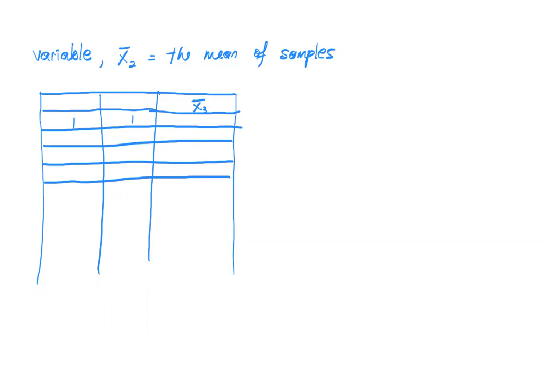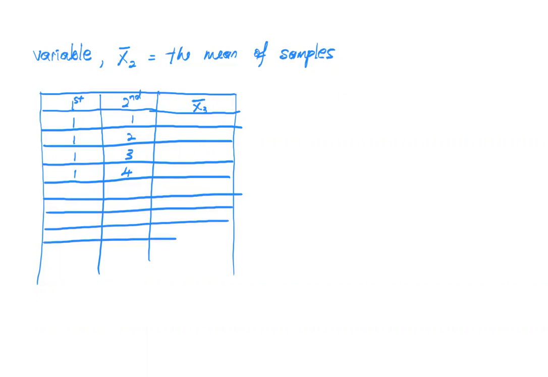This is the first spin, this is the second spin, so this is your first sample. 1, 2, 1, 3, 1, 4. For everyone you count the mean. There are 16 of them. So we are doing exotic samples for this situation.